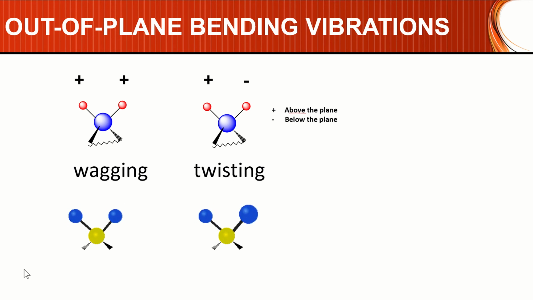So if we think, for example, of the yellow atom in the plane of the paper, then we can think of the blue atoms coming in and out of the paper, right? So these are both out-of-plane bending vibrations, wagging and twisting. So we did see in the video a bending and stretching vibration there. So this is just further reinforcement.